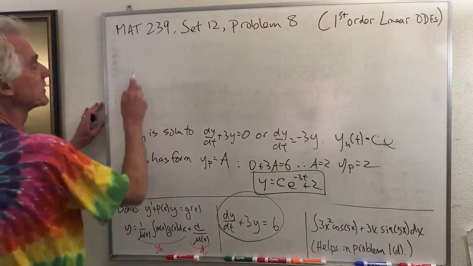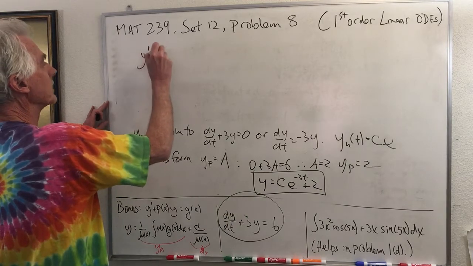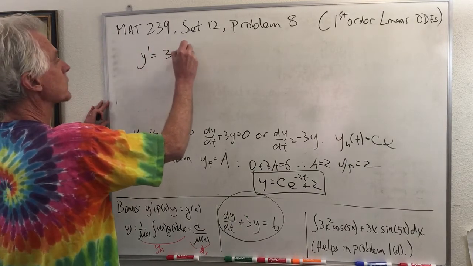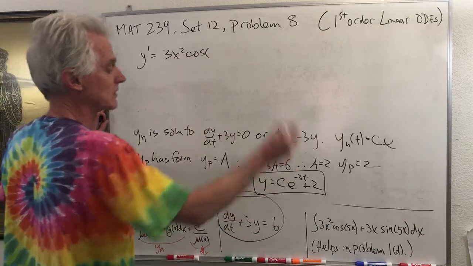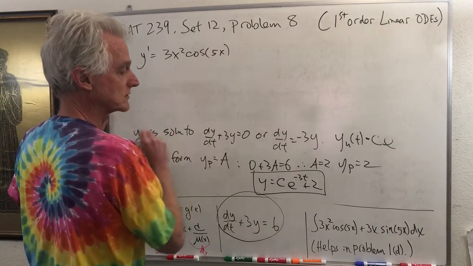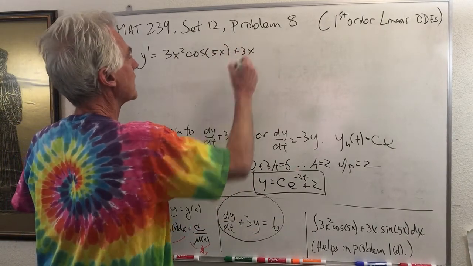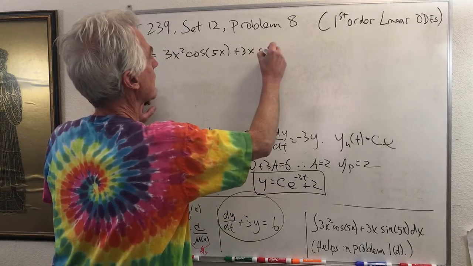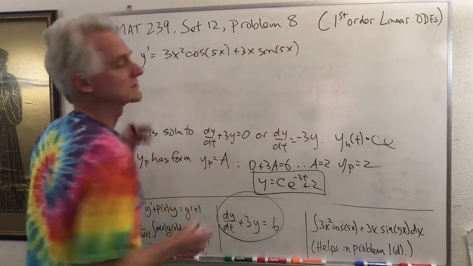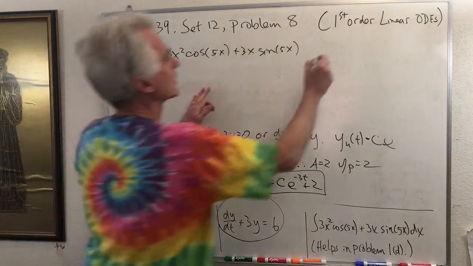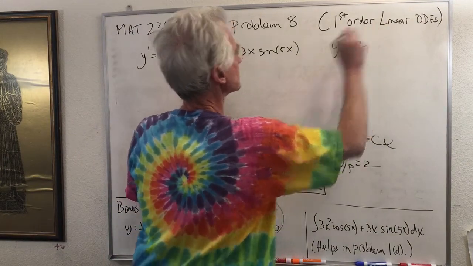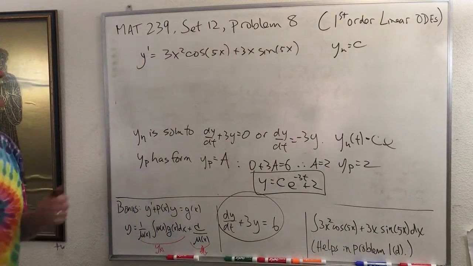Basically, I'm solving y prime is 3x squared times cos of 5x plus 3x times sine of 5x, right? Of course, yh is a constant, because y prime is 0, right?